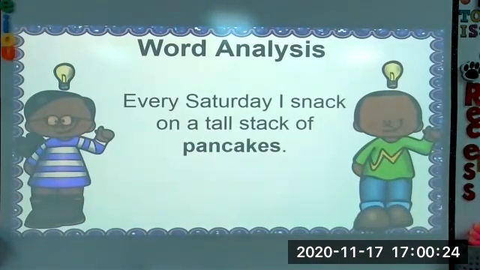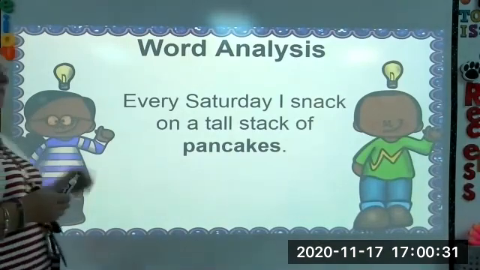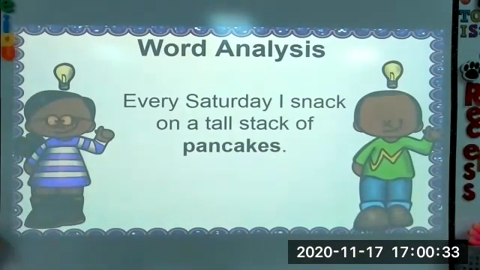So let's say the word pancakes, but take the s off. What word do you have now? It's just pancake. Good. So here is the sentence again. Every Saturday, I snack on a tall stack of pancakes. Which 2 words in this sentence rhyme?